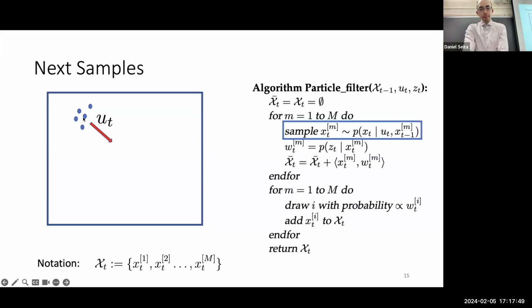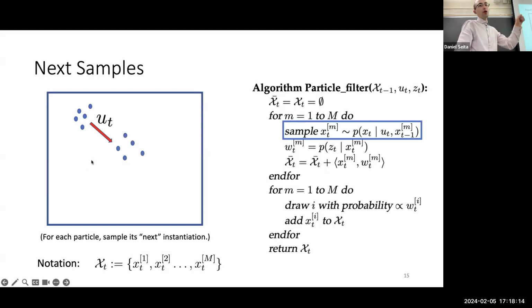All right. So we have the set of particles. UT is some control that the robot took. If it's a planar robot that's moving in a plane, then it might move this way, in which case the particle will probably move in the same direction. So for each particle, we sample its next instantiation.